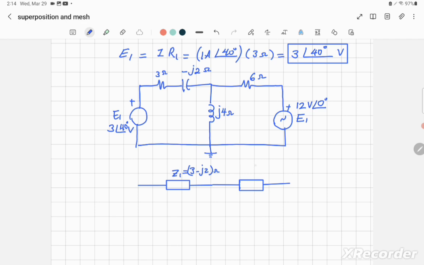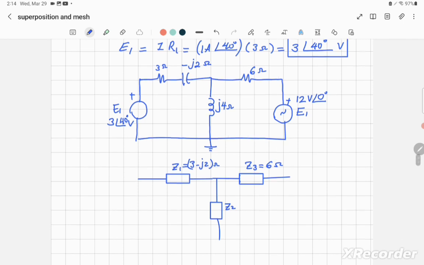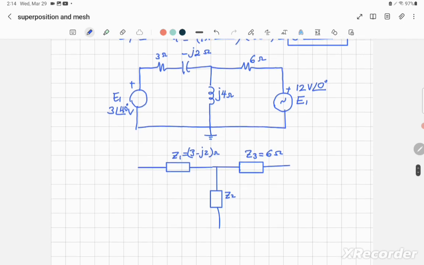Let's call it Z3, which is equal to 6 ohm, since you have only resistance. And in the middle you have another one, which we're going to call Z2, and it's only an inductor, so it's equal to plus j4 ohm.